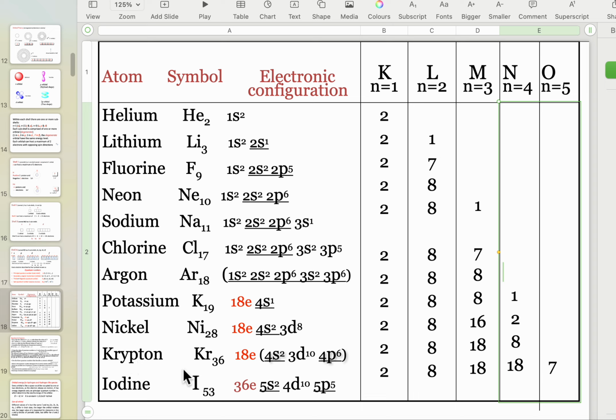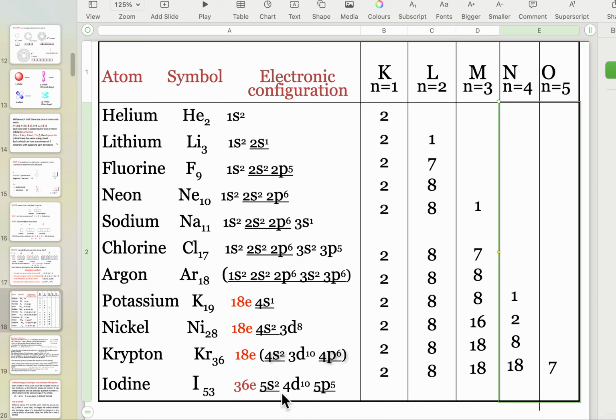Krypton has all its electrons fully occupied, so it's the next noble gas. Iodine has atomic number 53. So now we collect 36 all together here. We call it krypton, and the rest will come as 5s2, 4d10, 5p5.